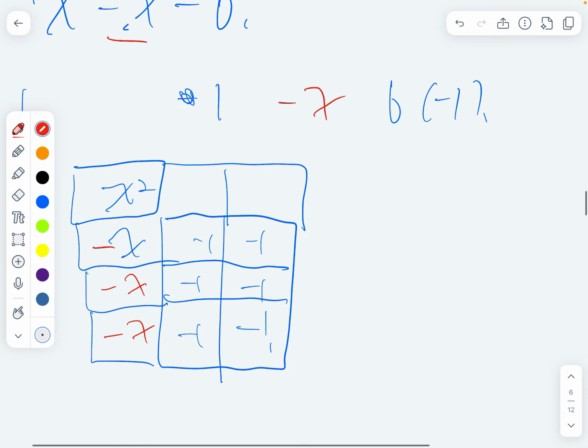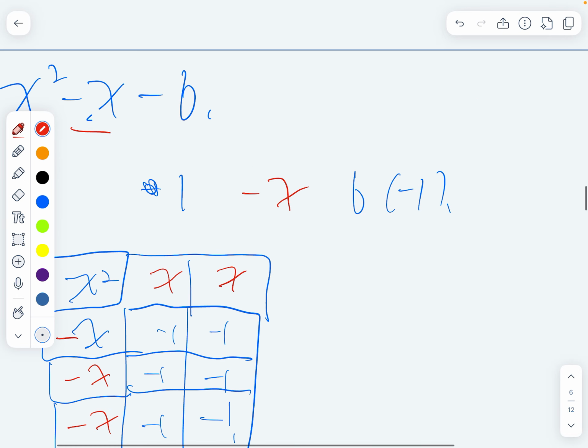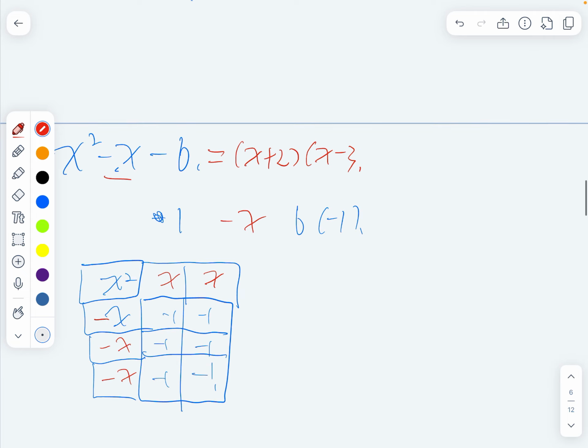Above, we need to add 2x to cancel out the 2x, because here we only have 1x. If we add, we need to remove. So the final answer is 2x plus 2 times x minus 3. Okay, that's the end of this section.